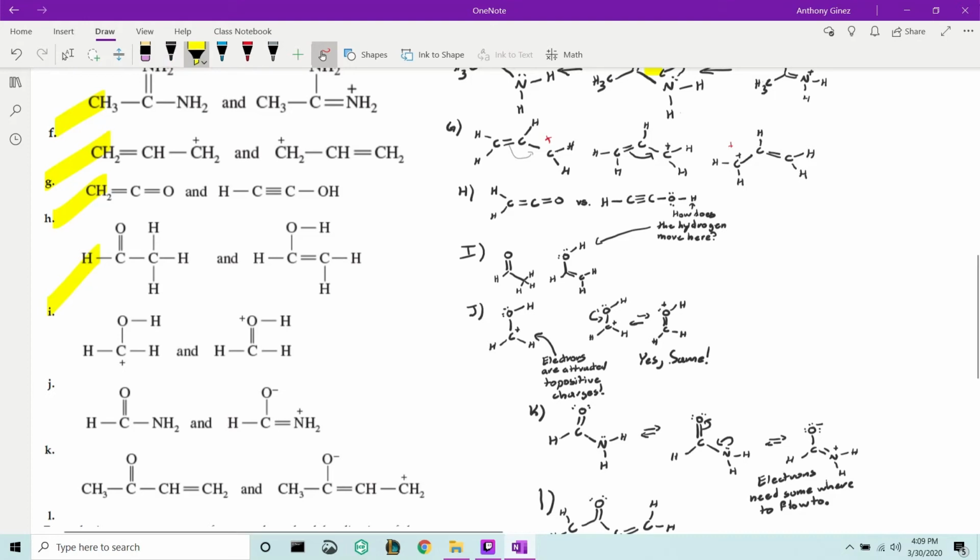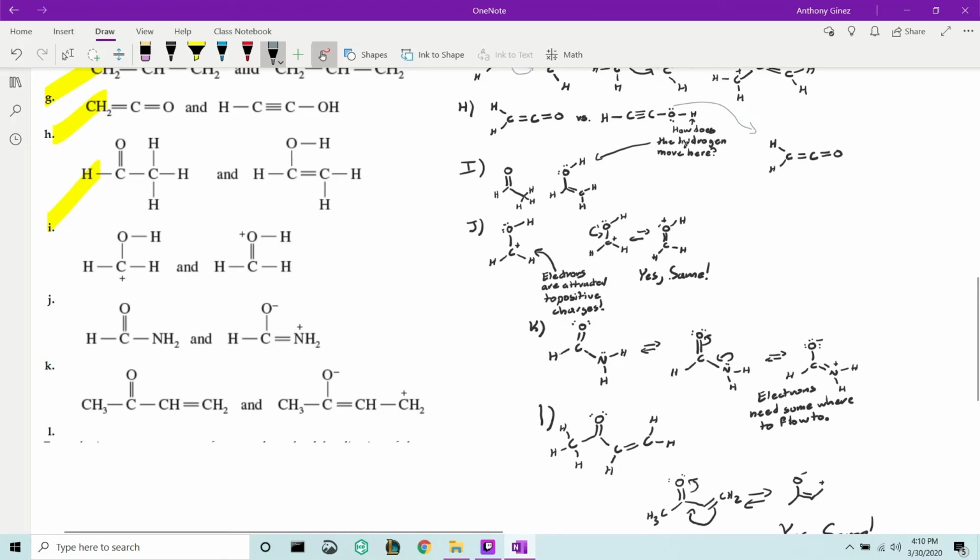I could say more about this, but it would not be a resonance structure simply because the hydrogen cannot simply move from one end of the molecule to the other without some intermediate present, such as an entirely other compound allowing it to steal its hydrogen effectively. So no, this would not be a resonance structure. However, it is possible to see this in solution.